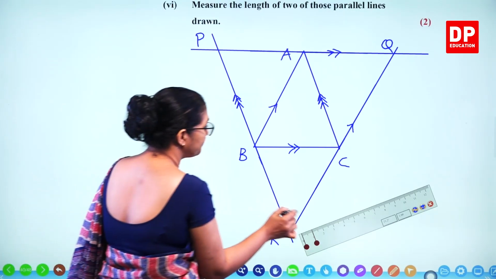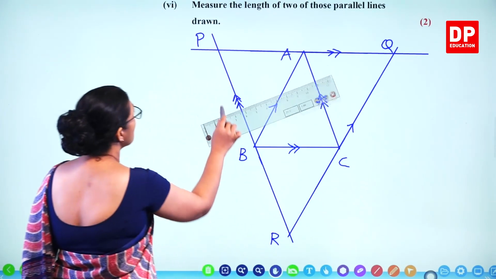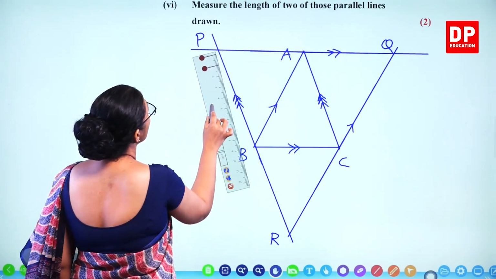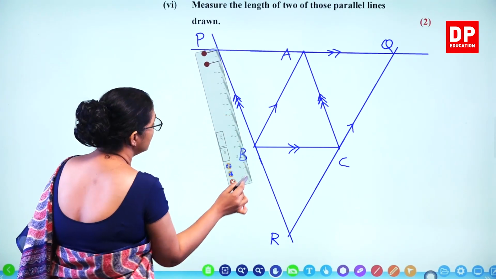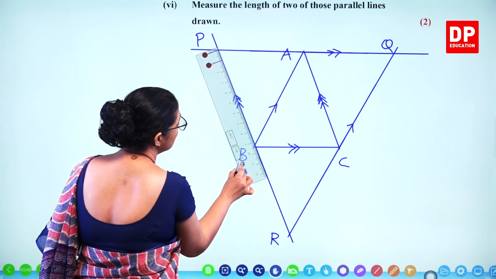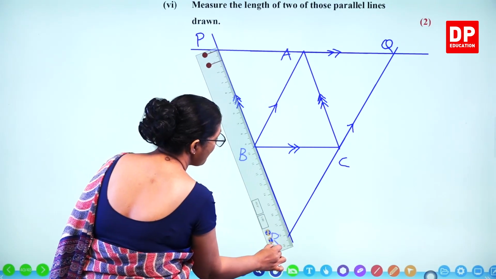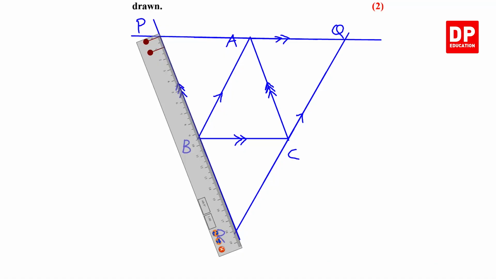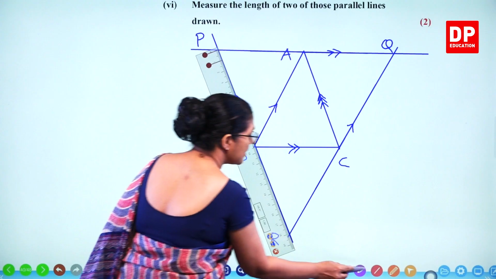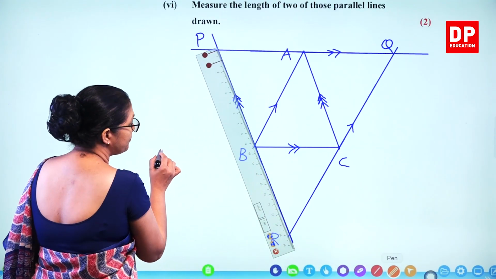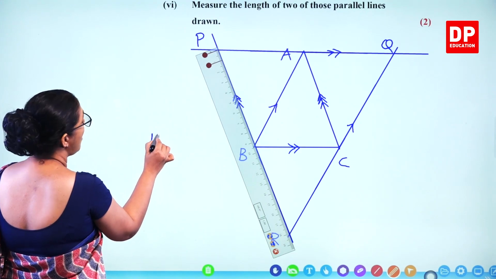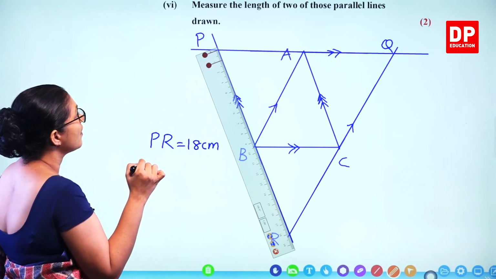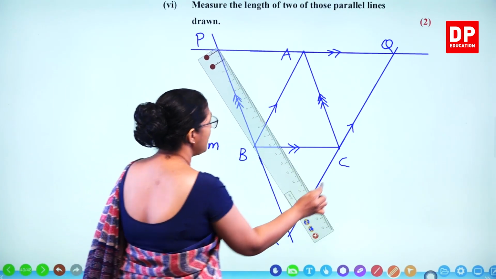So we'll measure. You can start from here. So according to my diagram, I'm getting 18 centimeters for PR. And now take PQ. Any two you can measure.